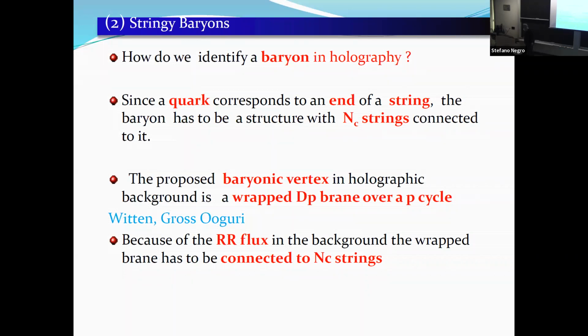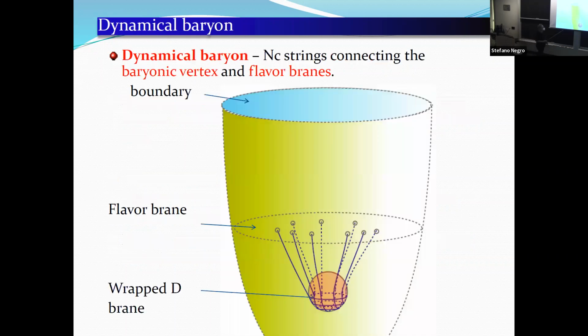So how does it look in a cartoon? Simply that we have this wrapped brane, and there are N_c strings that can either connect to the boundary, or to a flavor brane. But if it's a dynamical baryon, it clearly has to connect to one or more of the flavor branes.